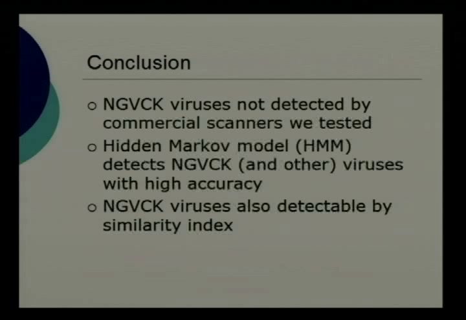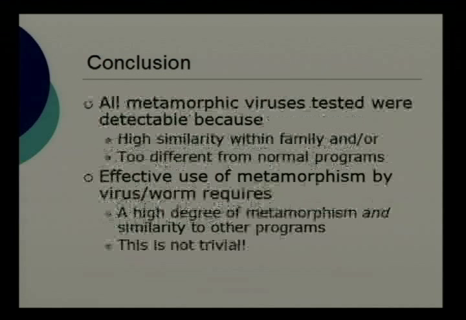Even though NVIC viruses are not detected by commercial scanners, they are detected by our hidden Markov model approach with very high accuracy, and also by our straightforward similarity index approach. So we see that all metamorphic viruses, including the all4 family, were detectable either because they have high similarity within the family, meaning they have a low degree of metamorphism, or they are too different from normal programs.